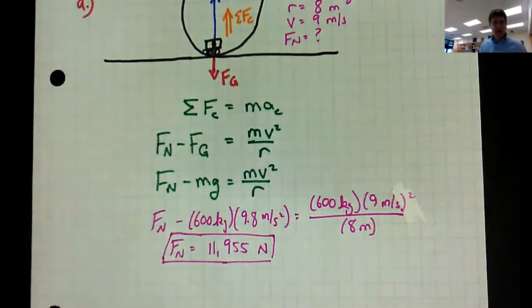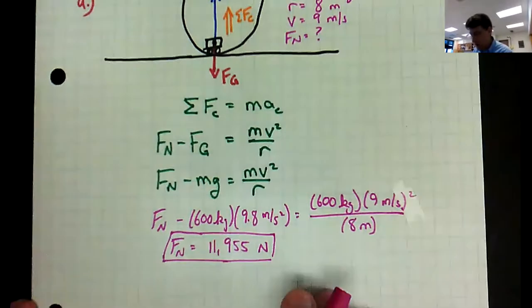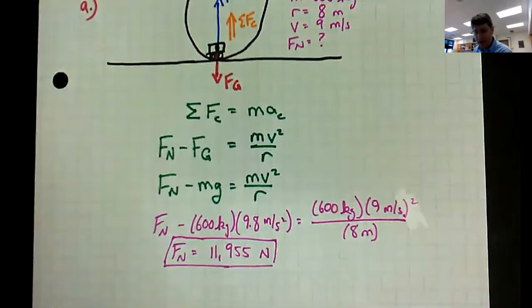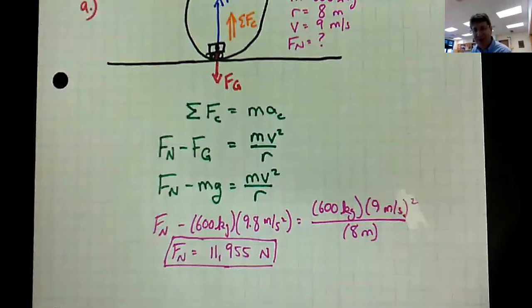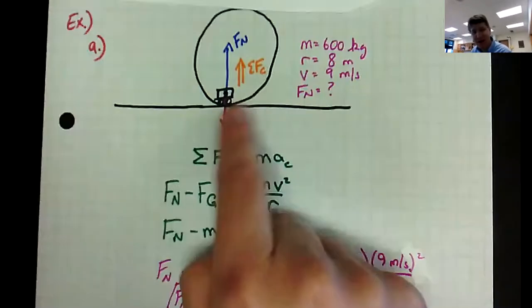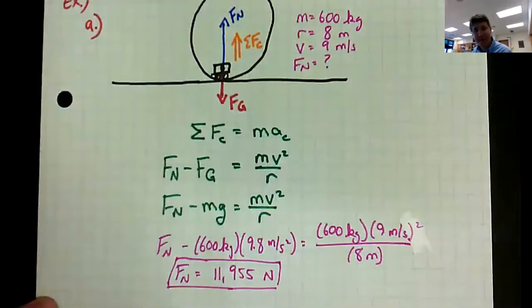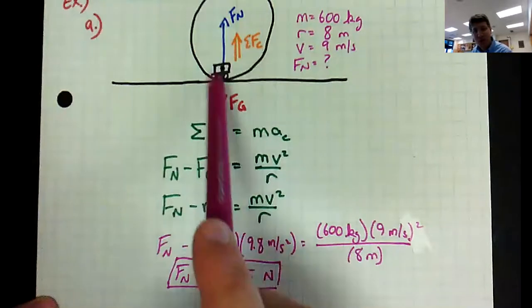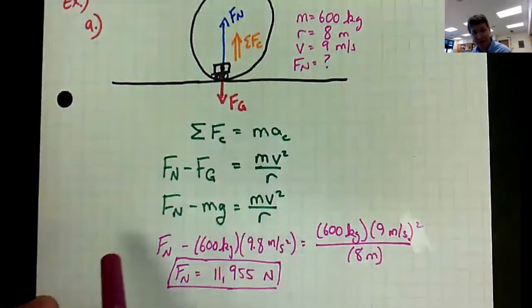Any questions here? All right, but I want to be clear: the centripetal force is being provided by a combination of normal and gravity.